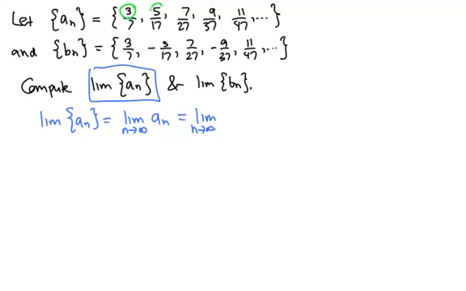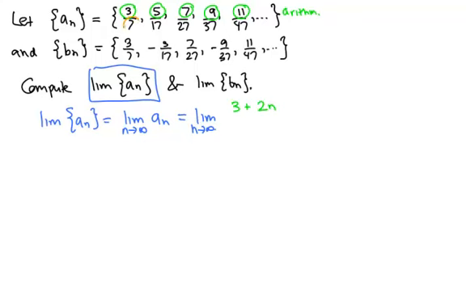A lot of times we try to focus on numerators and denominators separately, so let's see if that trick will work here. My numerators go 3, 5, 7, 9, 11. Pretty quick assessment, they're going up by 2's each time. So the top is an arithmetic progression, and arithmetic progressions have the same formula: the first term plus the constant increase 2 times n.